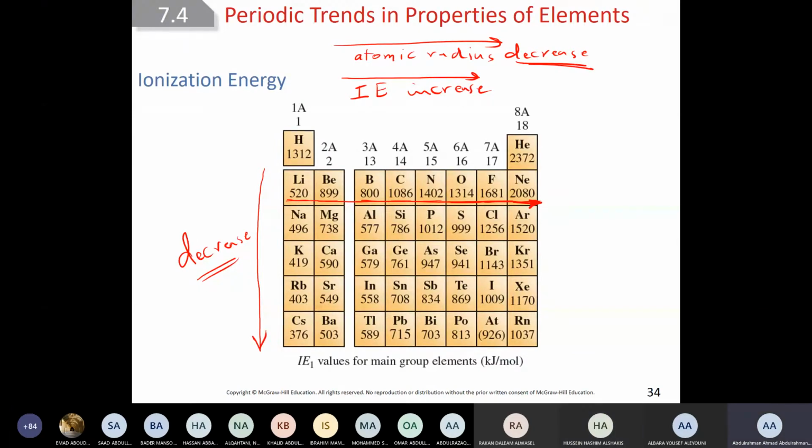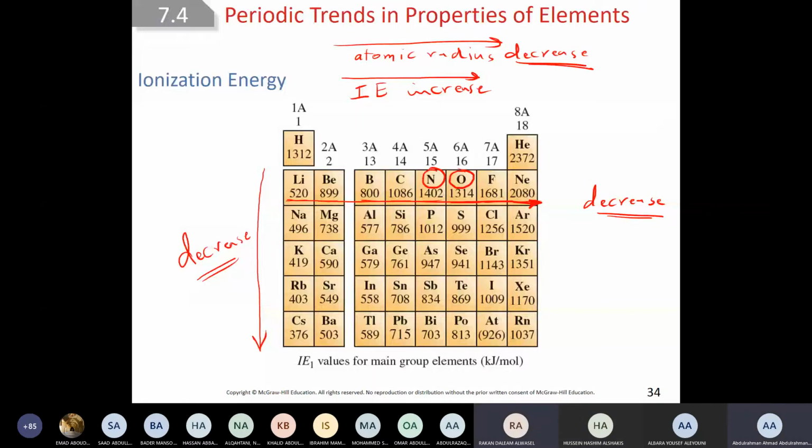Look at the numbers one more time for the first group. Lithium, Be, B, C, N, O, F, Ne. Look carefully. Is it always increasing? No. Are there exceptions? Yes, between nitrogen and oxygen. What's the other exception?